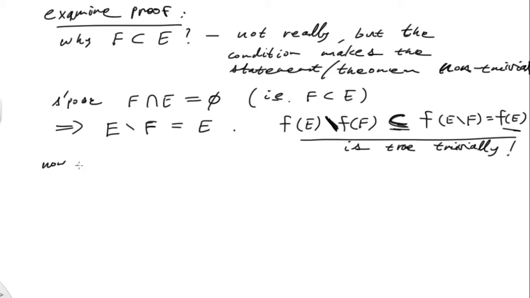So now suppose another thing. Now we're going to suppose that F intersect E is not equal to the null set.